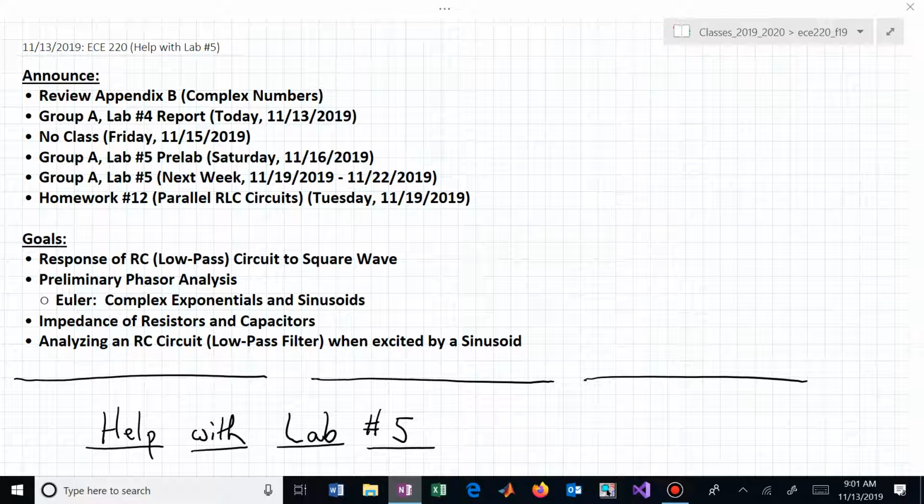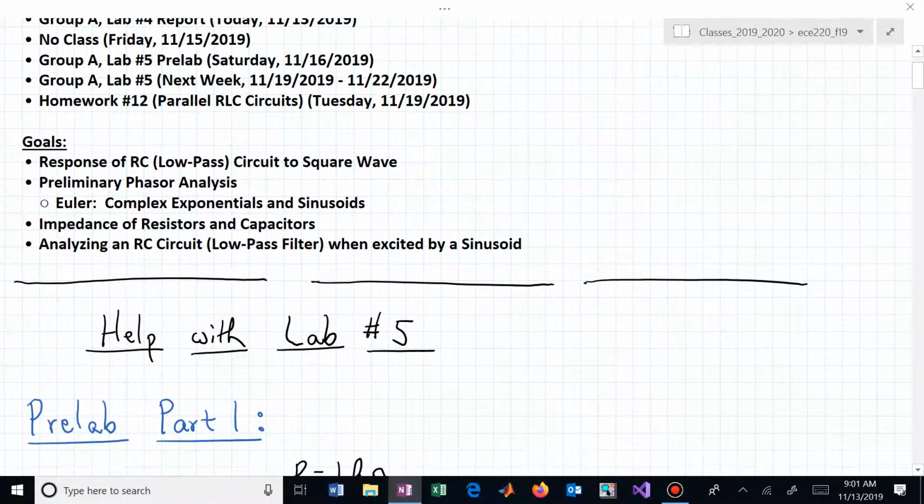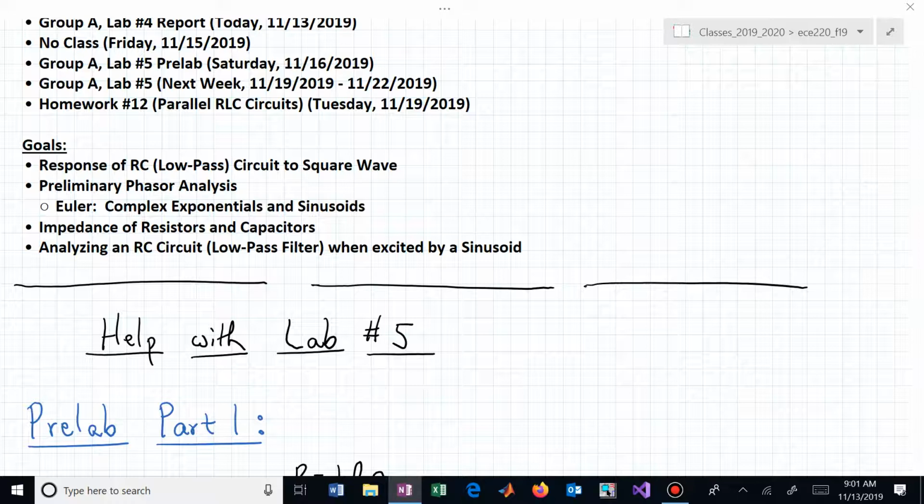But if you are in Group A, you will need to complete your pre-lab by Saturday, and Lab 5 starts next week, and I'm trying to help you today with the machinery, the tools to compute what you need for the pre-lab for Lab 5.